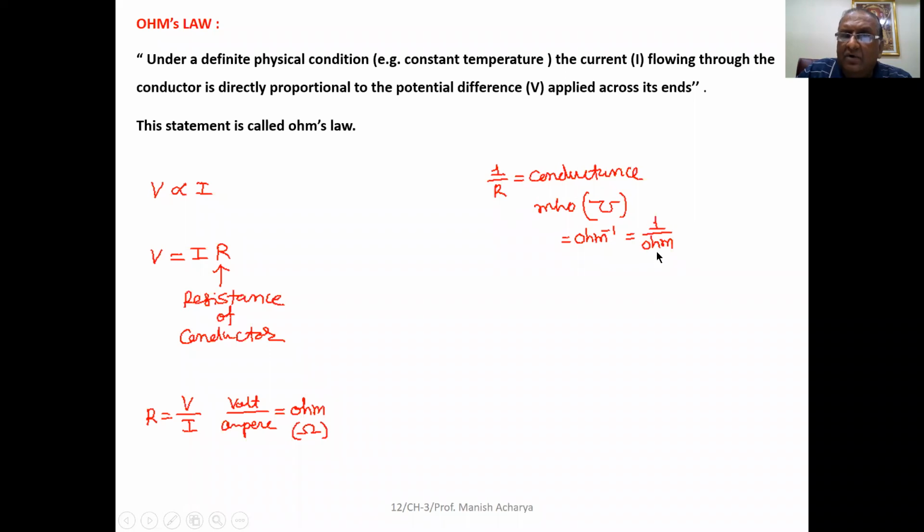That 1 upon ohm we can write as ohm inverse, and that ohm inverse is written as mho. And its symbol is as shown here, which is also the opposite of this one. Clear?